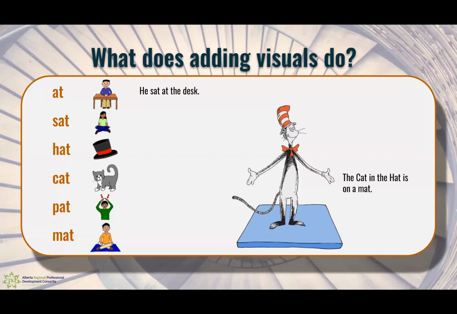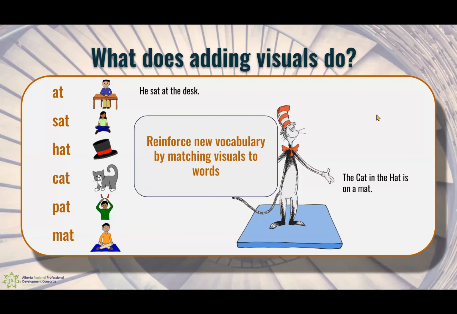And then putting that, like the cat in the hat is on the mat, and developing some sentences that are purposeful and make sense to the student. And you could reinforce that new vocabulary by matching the visuals to the words.